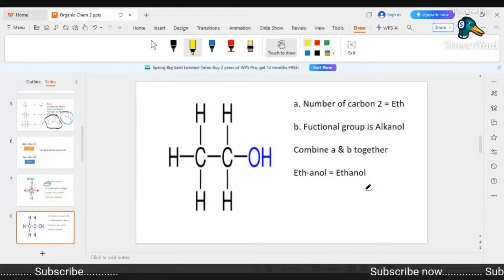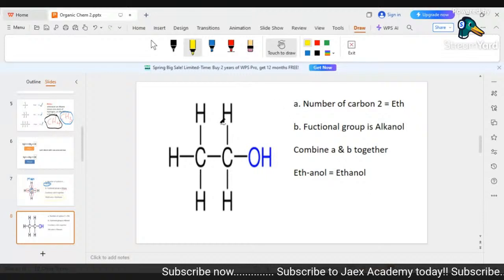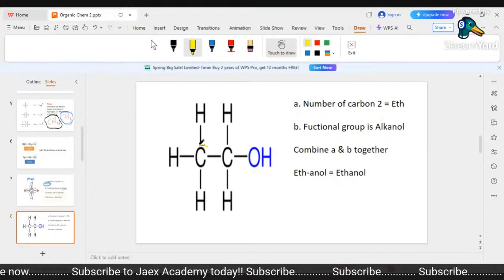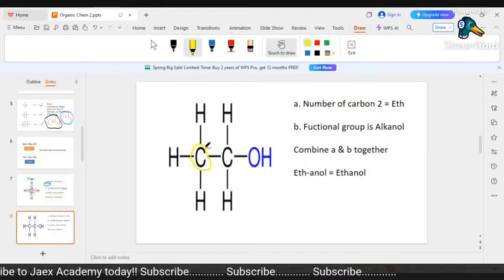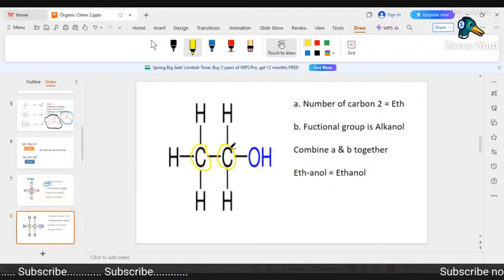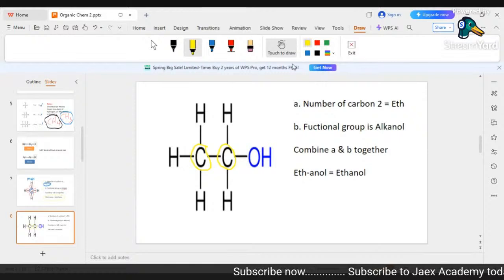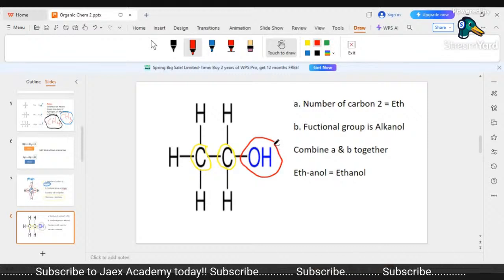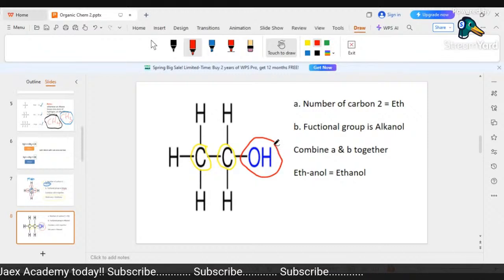All right. So this is another example. First, count the longest continuous chain. Let's count. This is 1, and this is 2. Now, the second thing is to identify the functional group. What is the functional group here? The functional group here is OH.